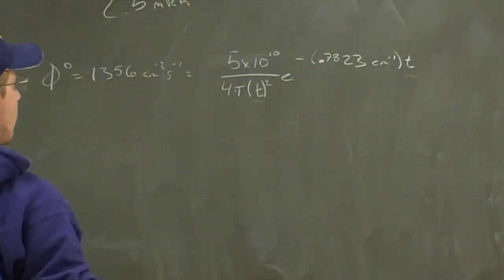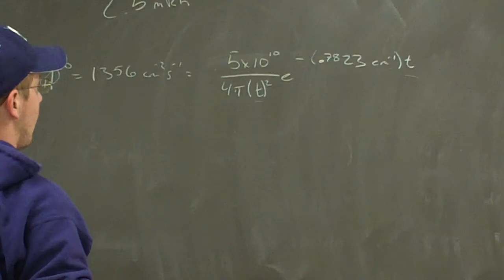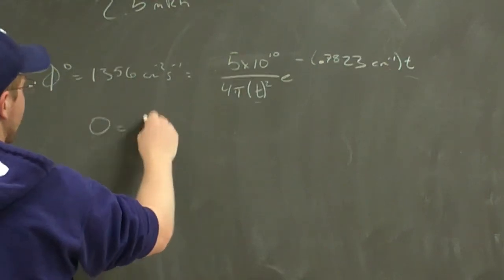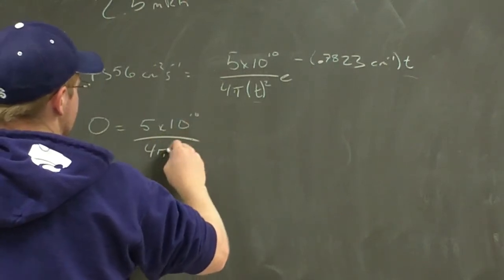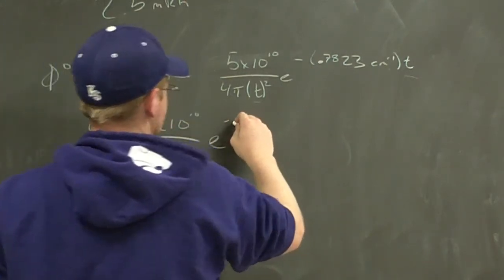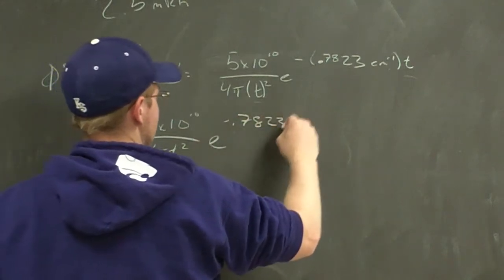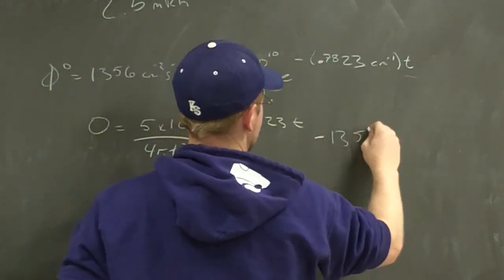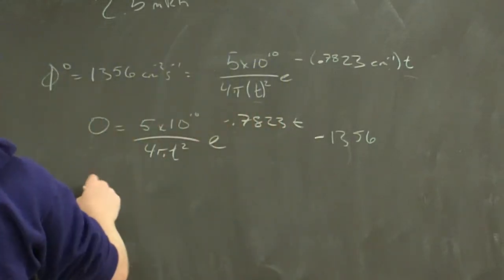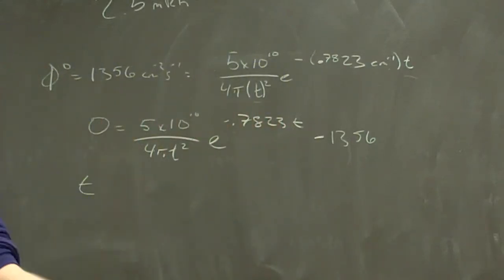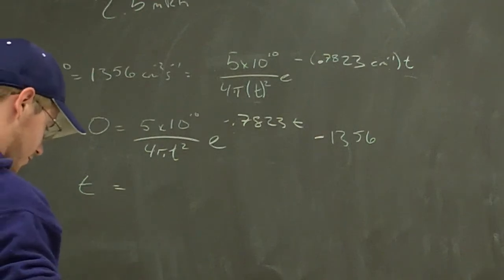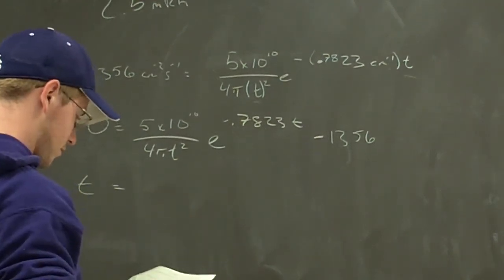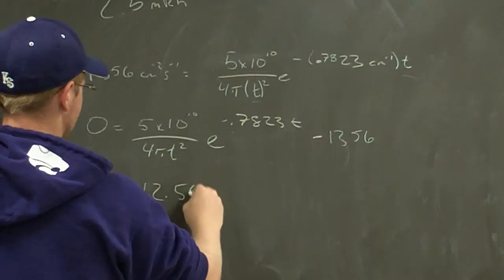And I don't know if you can solve this by algebra, so you just set it equal to 0: 5 times 10 to the 10 over 4 pi t squared e to the negative 0.7823 t minus 1356. Find the thickness. Plug it into your calculator. If you don't have a TI-89, you do it this way: say y equals 0, find the intercept, and you find that t is about 12.57.